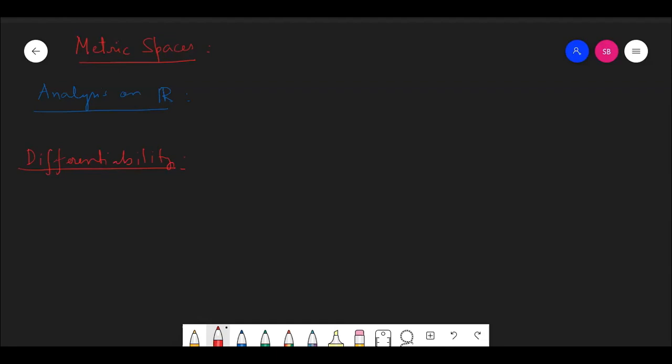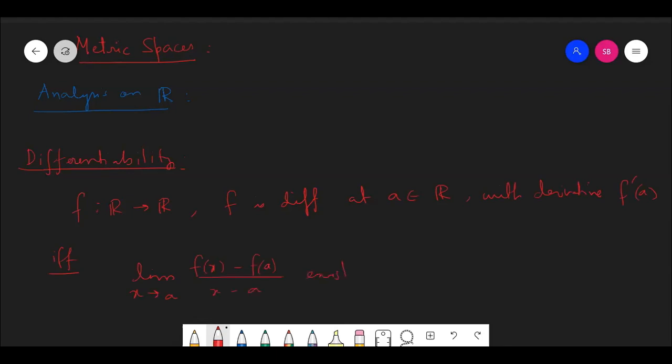Okay, so I am just discussing this for the sake of completeness, that all the things we know about R. So we know what we have like differentiability in R. So when we call a function differentiable, if f is from R to R, we say f is differentiable at A in R with derivative f dash of A if the limit x tends to A of f of x minus f of A by x minus A exists and is equal to.